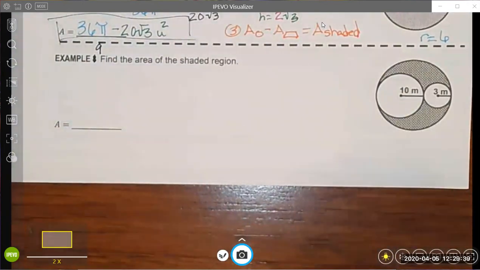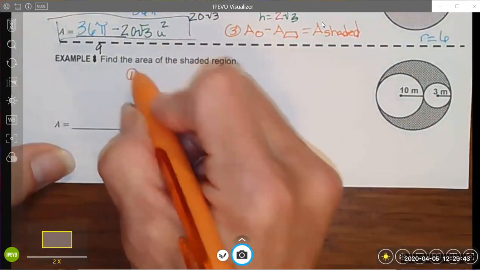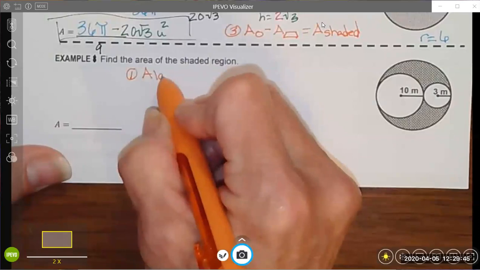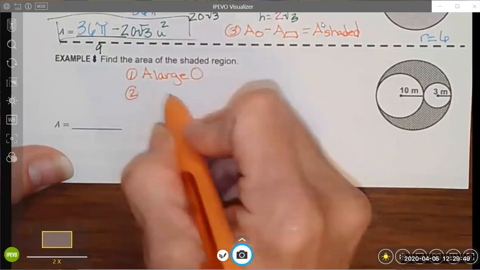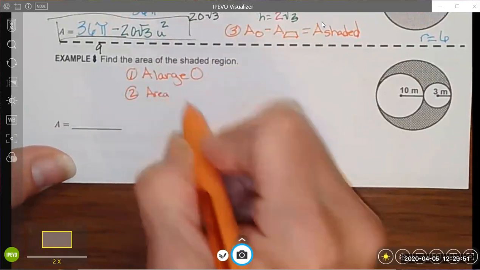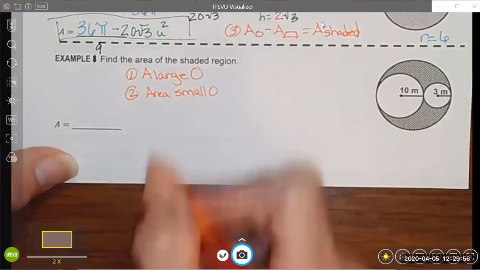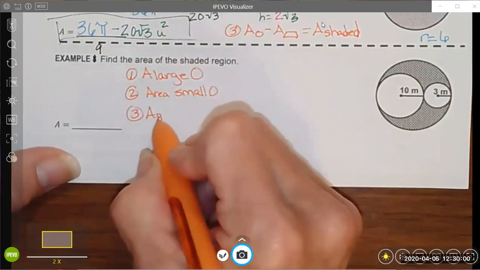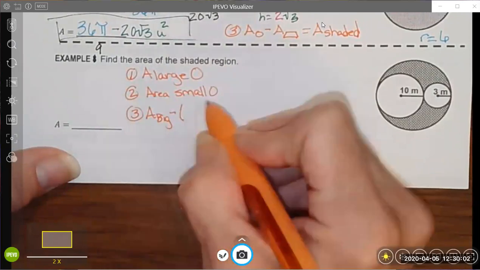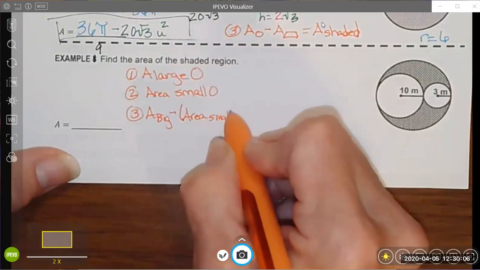My strategy in this case is going to be, first, find the area of the large circle. And second, I'm going to find the area of my smaller circles. And then finally, I'm going to subtract the area of the big minus the combined area of the small.